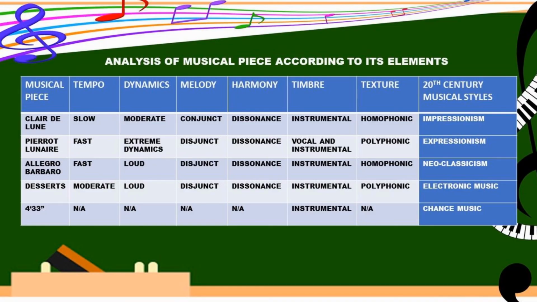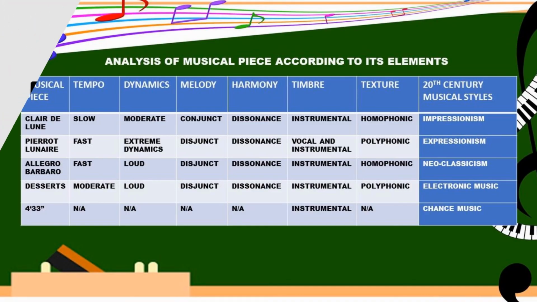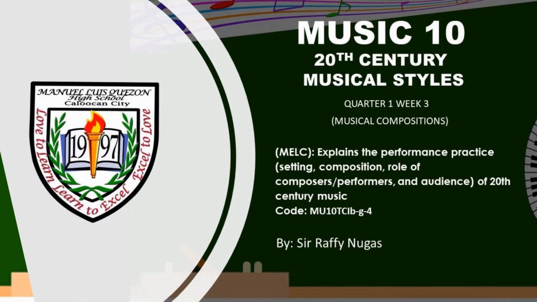And also the texture, because we didn't hear any sound except for the ambient of the surroundings. But the timbre is instrumental because John Cage used a piano, a stopwatch, and a recorder. And the musical style of 4 minutes and 33 seconds is chance music.